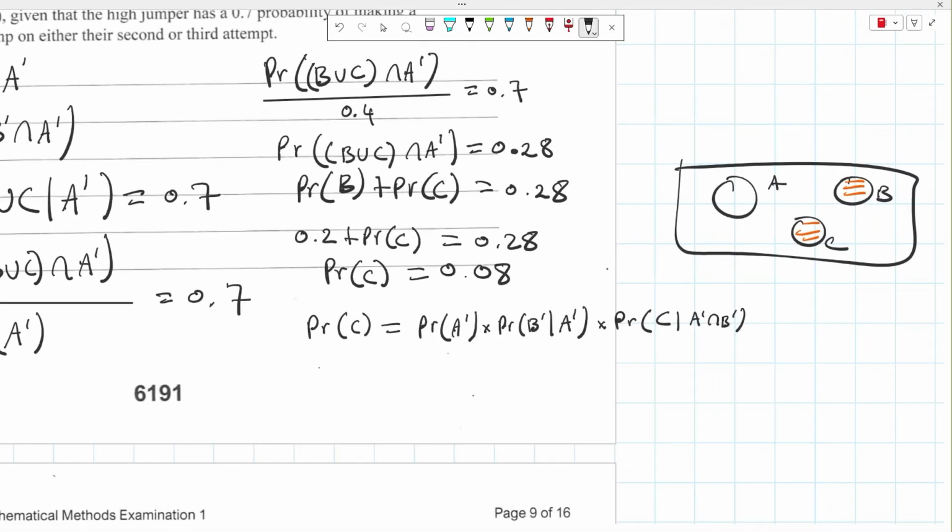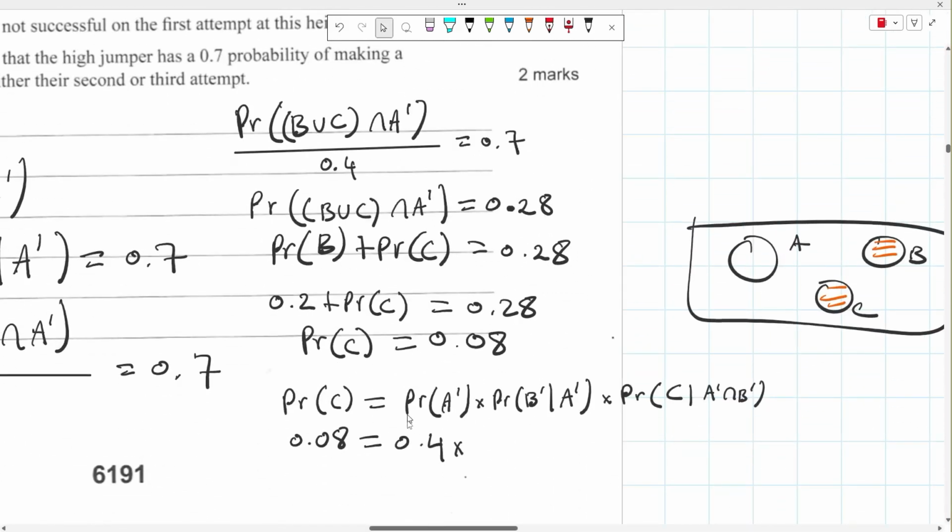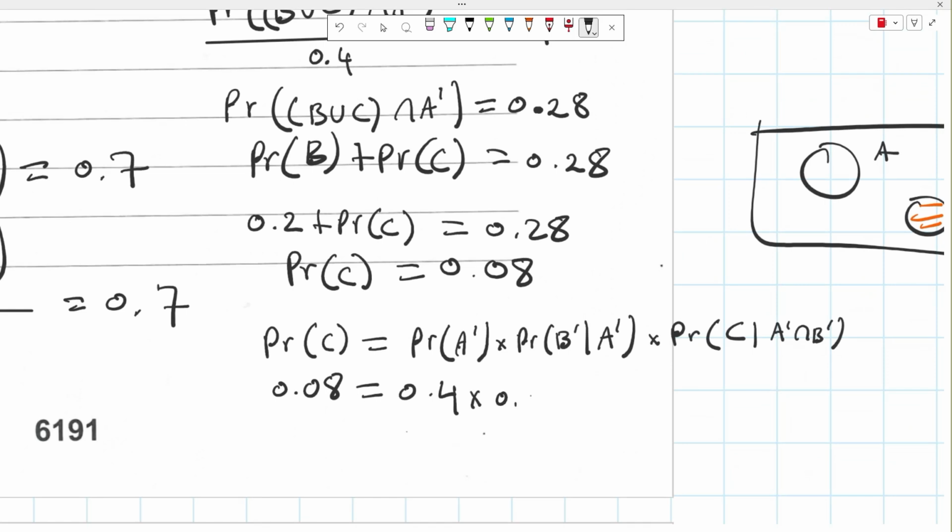So we know the probability of C is 0.08. Probability of not A is 0.4. Probability of not B given not A is 0.5. And finally, that's the thing that we're trying to find. Now 0.4 times 0.5 is just 0.2.